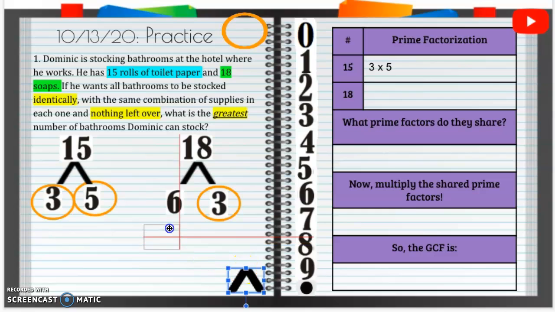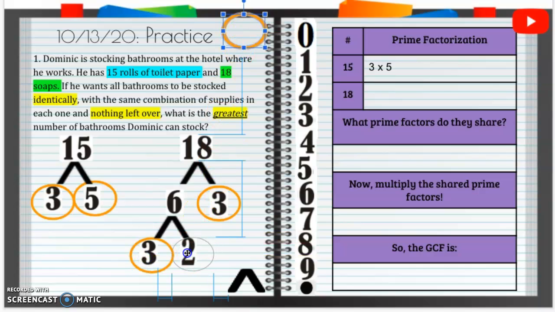No, that's a composite number because we can break it down. We can break it down on the dance floor. What times what equals 6? 3 times 2, or 2 times 3. Great job. Now we can circle these because both of them are prime numbers. So in order from least to greatest, we have a 2, a 3, and another 3.